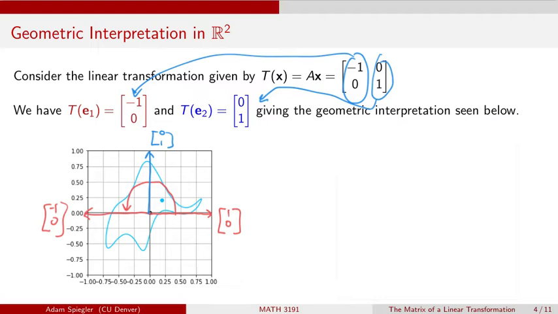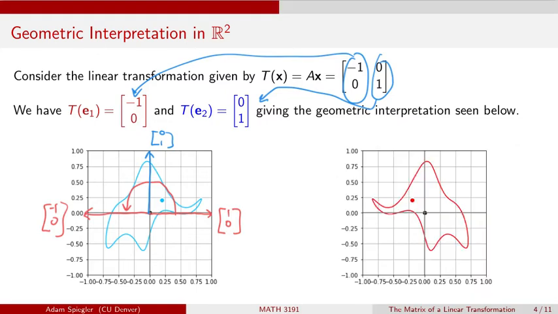We're not going to do anything to the second entry in the vector. And the result is a flipping around of the elephant. So now this elephant has flipped around, and this is what we would call a reflection over the y-axis, or in this case, we can call that the x2 axis.